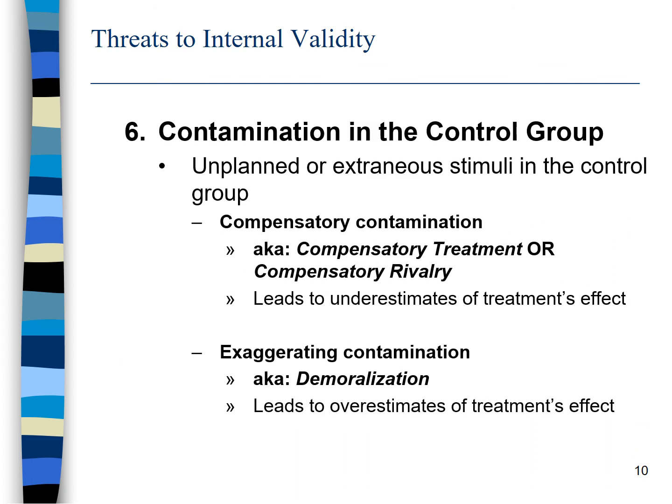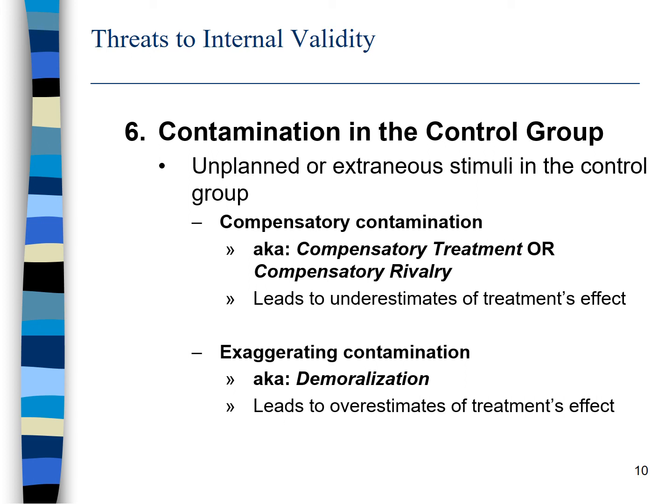So finally, of the various categories of threats to internal validity, we have contamination in the control group. Just like number 5 was contamination in the experimental group, where we had demand characteristics and experimenter expectancy, we can also imagine that little sterile vacuum bubble of our experiment can also be pierced by contamination in our control group.